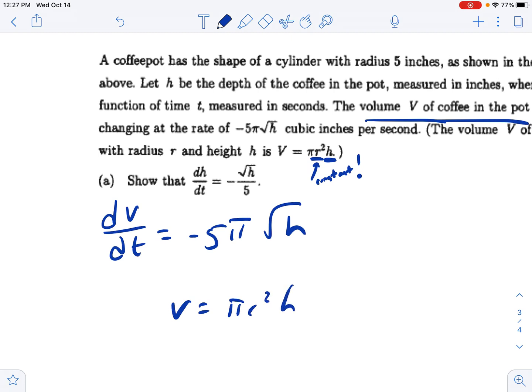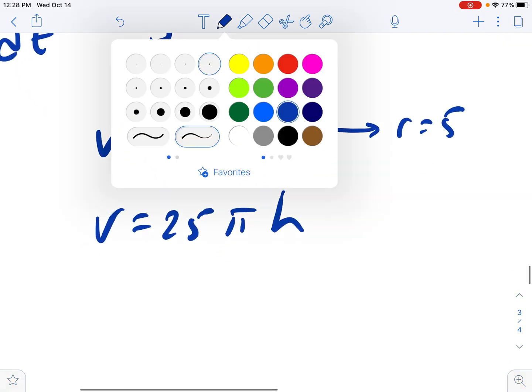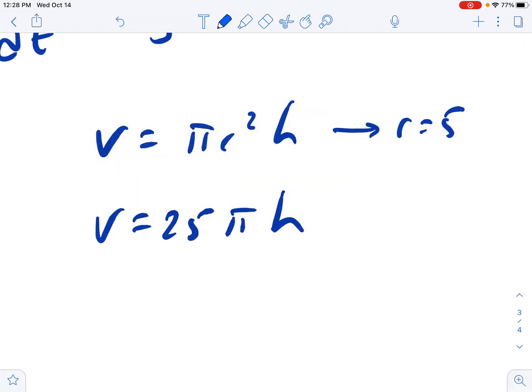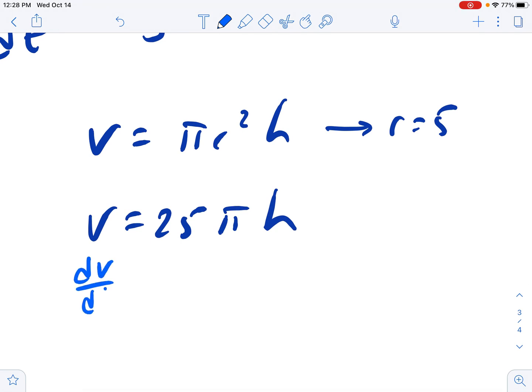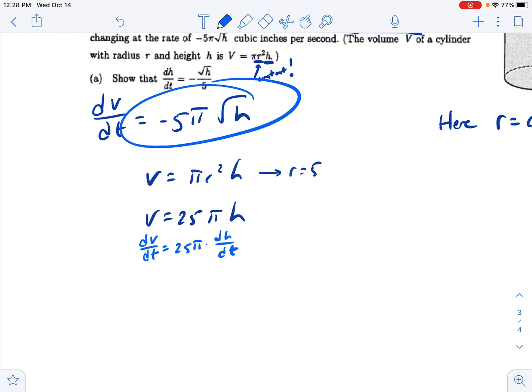So watch, volume pi r squared h, but r is a constant 5. So what's that going to give us? 25 pi h. Right, 5 squared was 25. Now there's no more product rule and a pretty easy, straightforward derivative. So on the left, dV over dt. On the right, 25 pi times dh over dt. We know what dV dt is. That was given to us. We had to make sense out of that, sub it in.